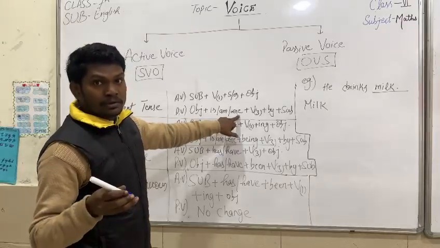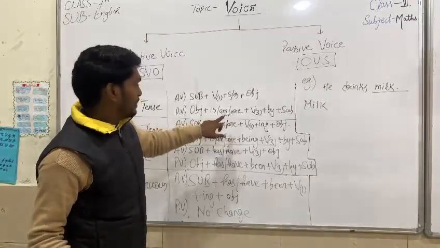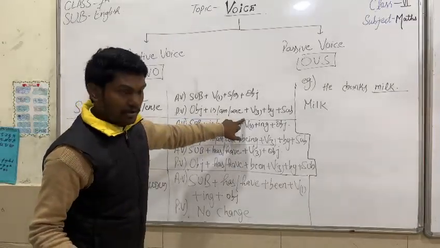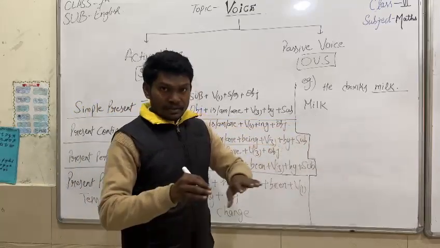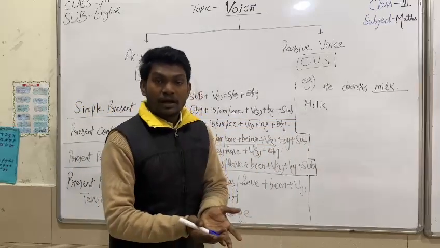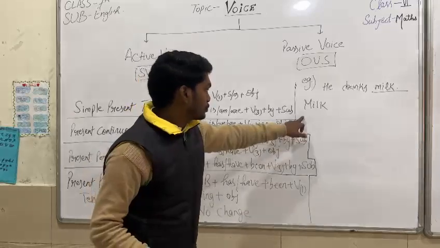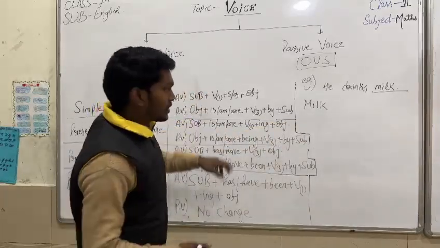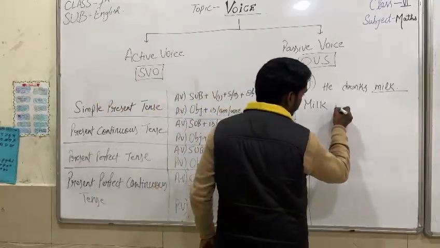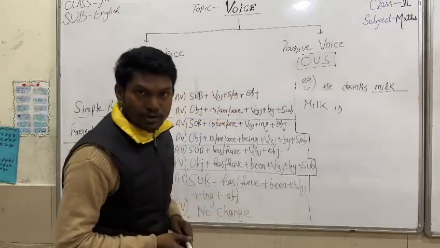What are we supposed to apply: is, am or are? You can see milk is an uncountable thing. So there we will write "is." Milk is, then the third form of the verb drink.